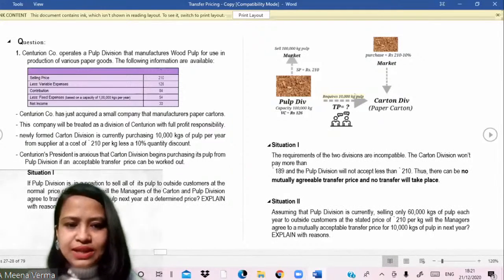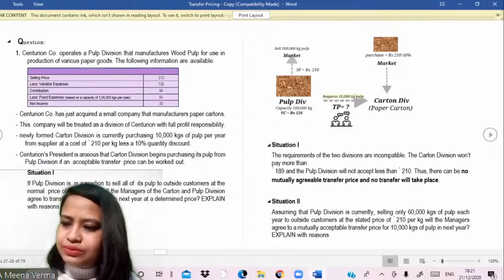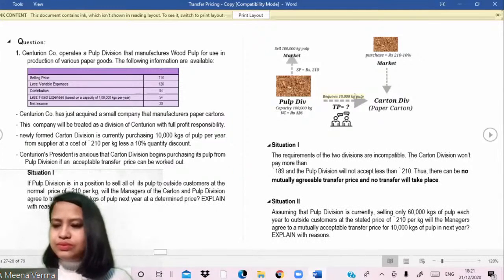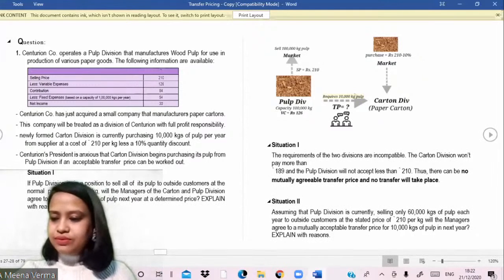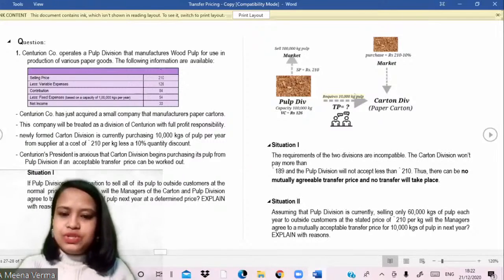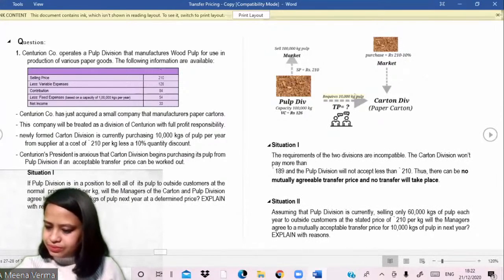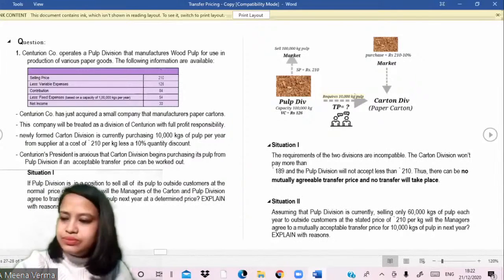If you have done the reading, please let me know that you have done the reading of this question quickly. Please tell me you have done the reading. Okay, let us discuss.